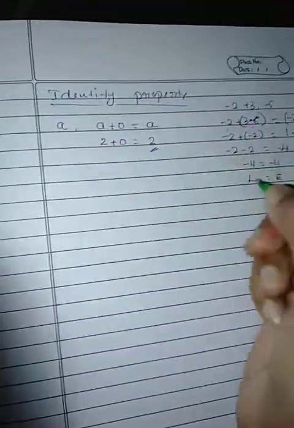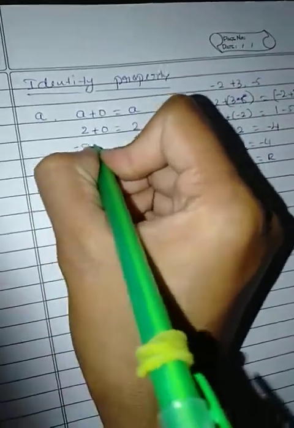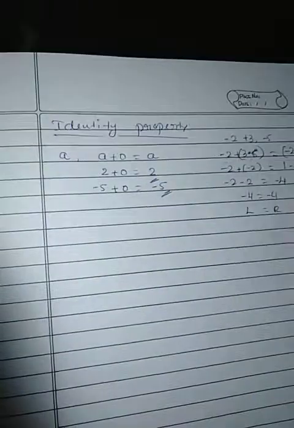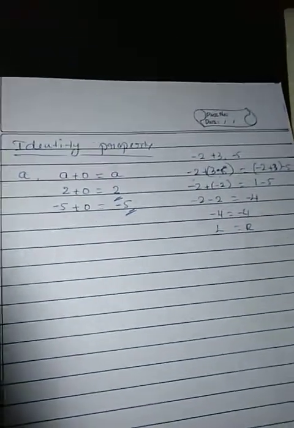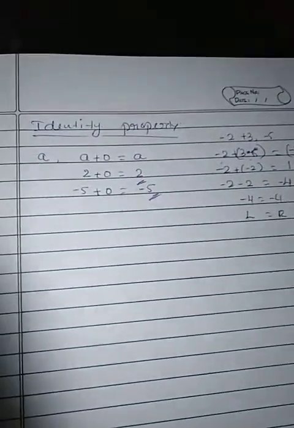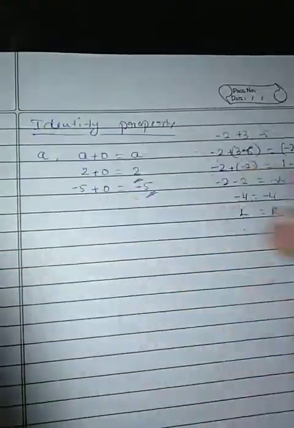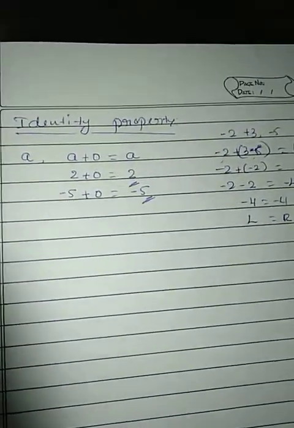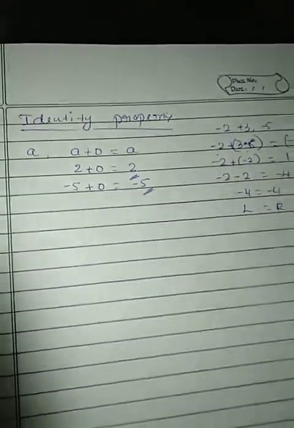If you take -5, an integer, and add 0, we get -5, the same number itself. So if 0 is added to an integer, the sum will be the integer itself. So 0 is called the additive identity element.